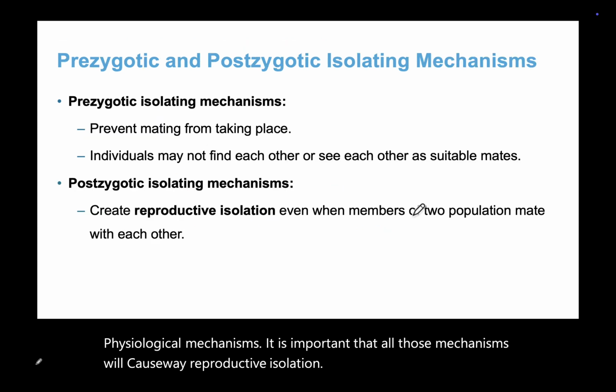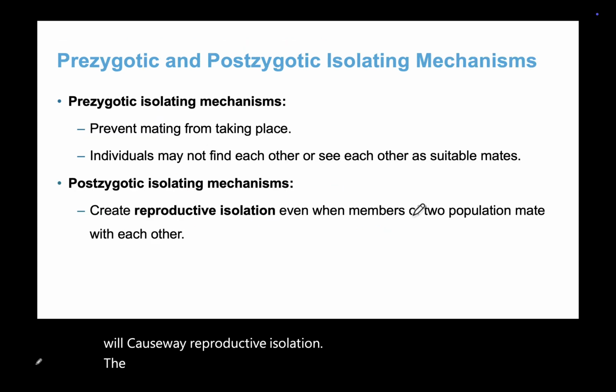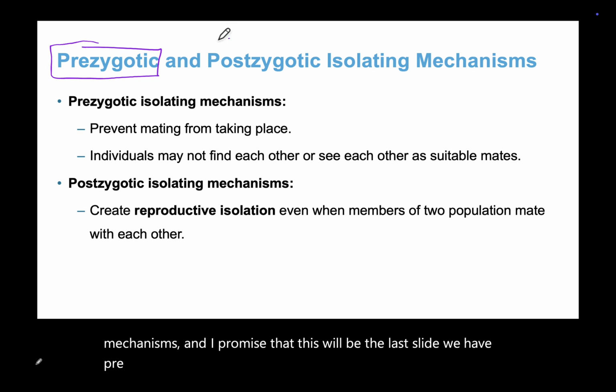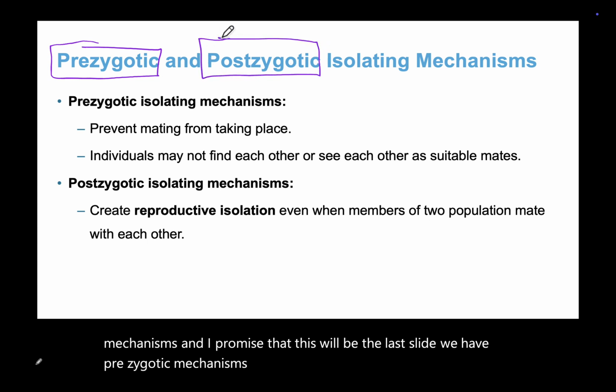The reproductive isolation can also be divided into two isolating mechanisms, and I promise that this will be the last slide. We have pre-zygotic mechanisms and post-zygotic mechanisms to create reproductive isolation.